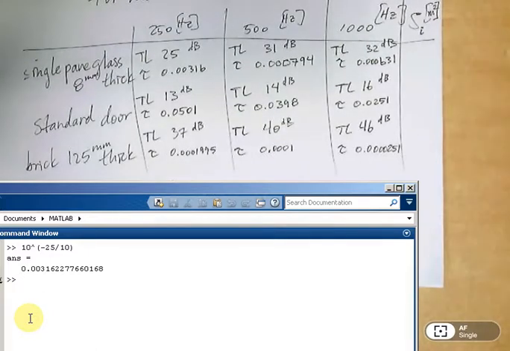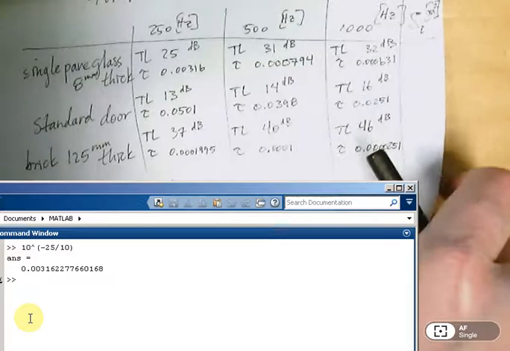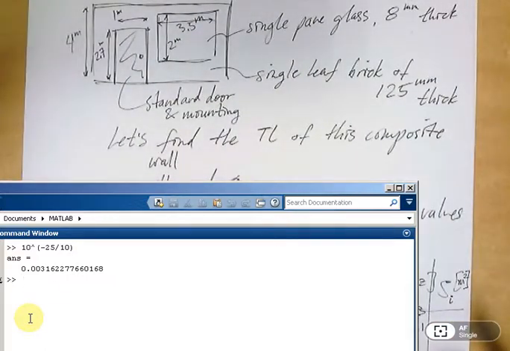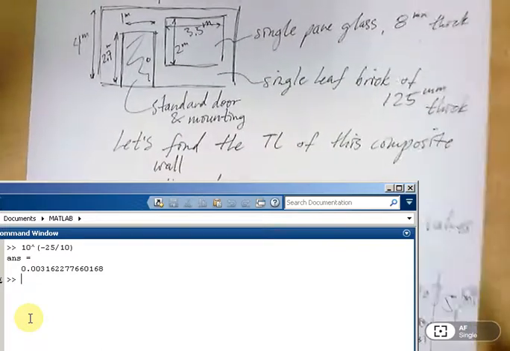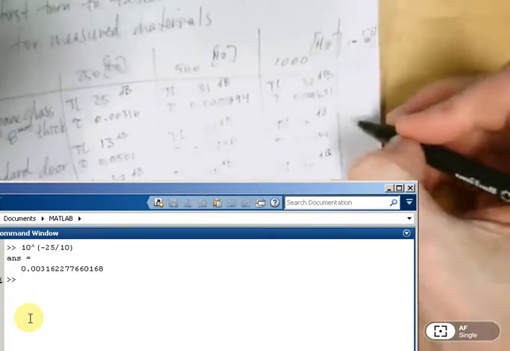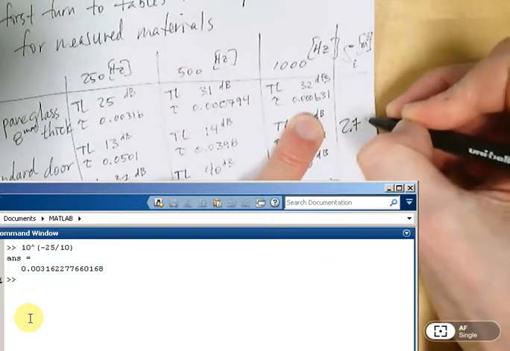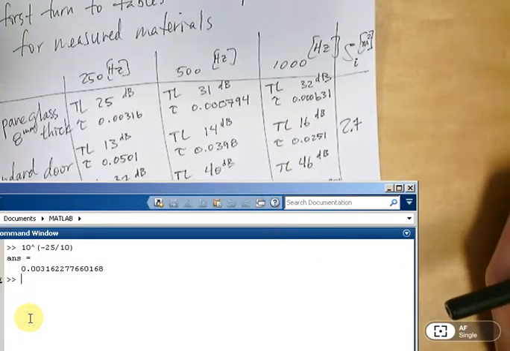And looking back to our problem, we had surfaces of 2.7 meters squared for the door, for the window we have 3.5 times 2.